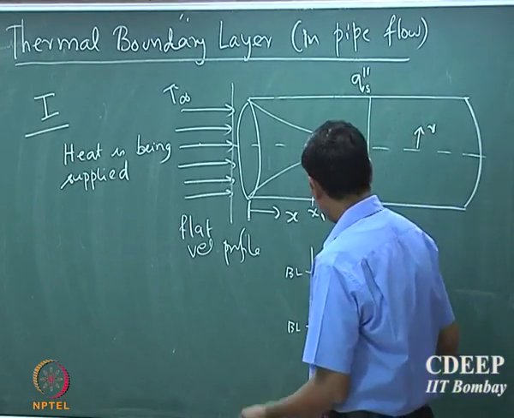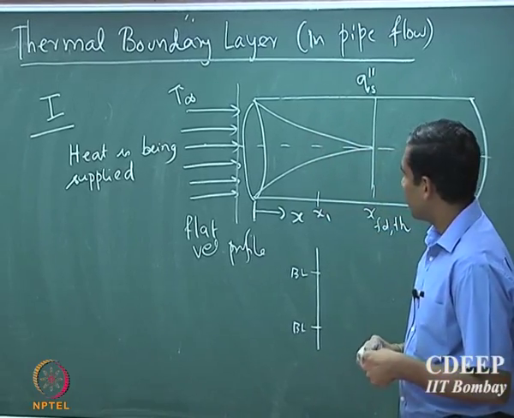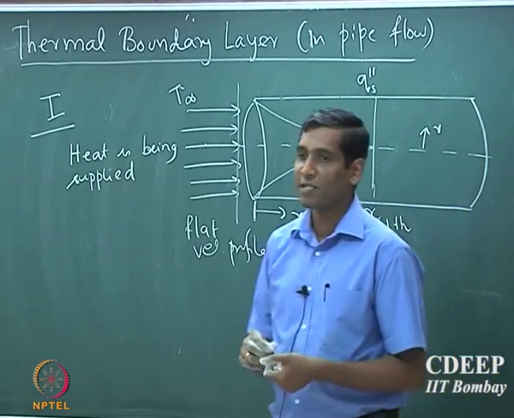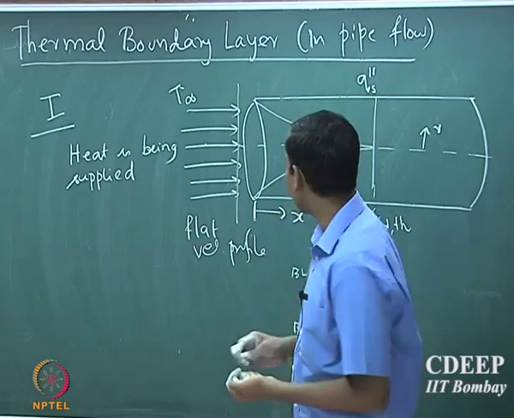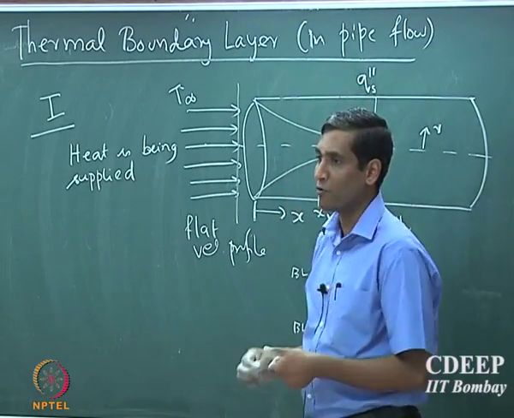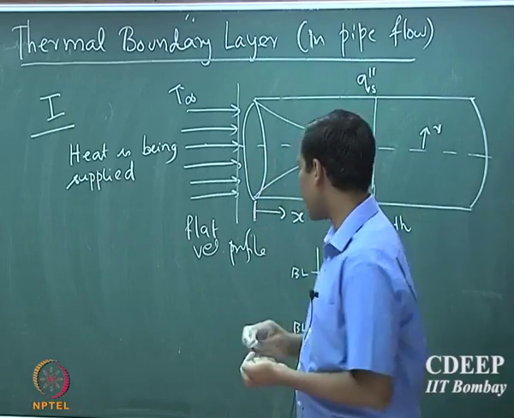So now what will be the gradient, what will be the flux at the boundary? Will it be positive or negative? So heat is being supplied from the surroundings to the fluid, negative flux, okay.